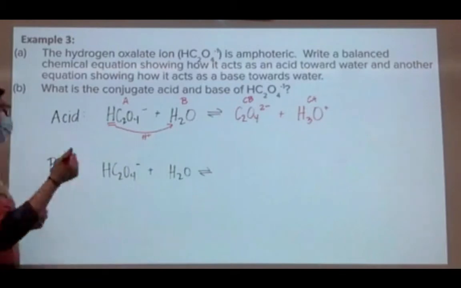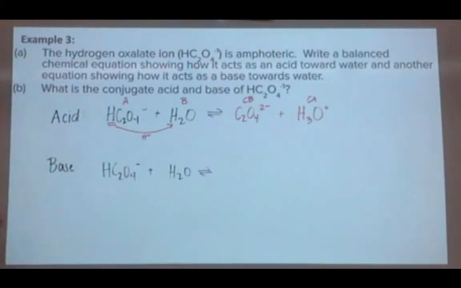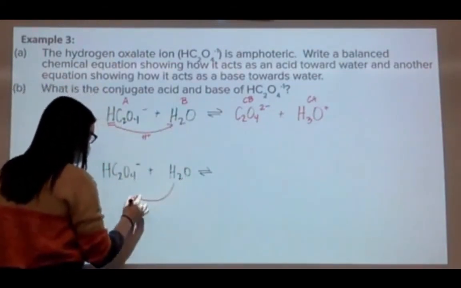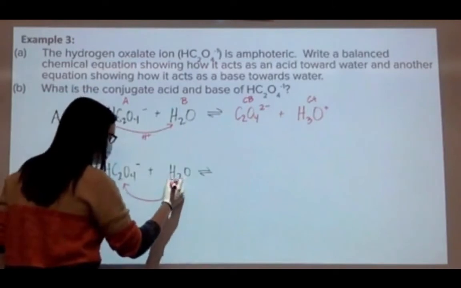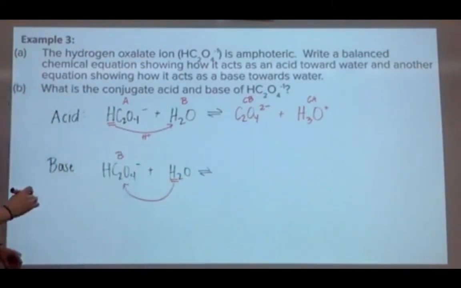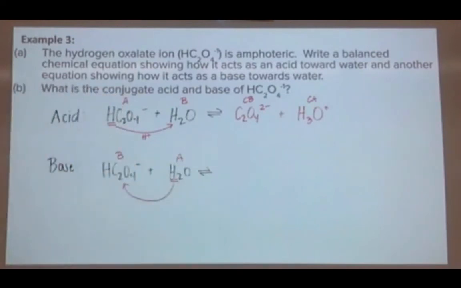So now if it's a base, what is it doing with a proton? If it donated as an acid, it's going to accept as a base. So if it acts as a base, it's accepting a proton, which means water is donating the proton. The proton has to come from somewhere. You can't have an acid without a base.